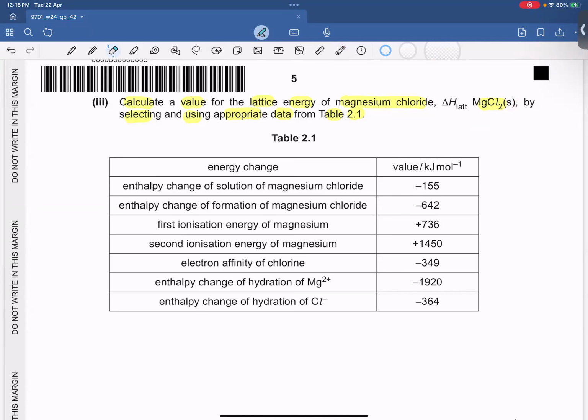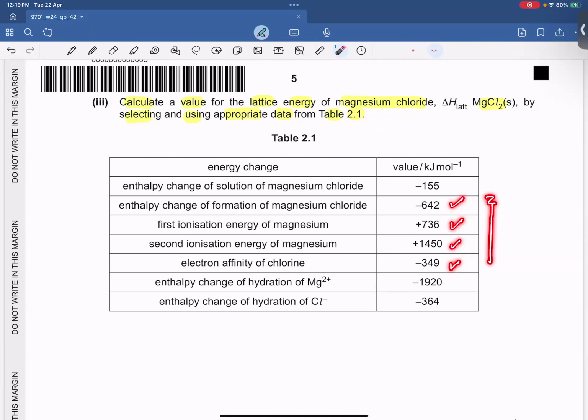The examiner has given us the first ionization energy of magnesium, the second ionization energy of magnesium, and the electron affinity of chlorine. What's missing here? Atomization of magnesium is not given. Atomization of chlorine is not given. Bond energy of chlorine is not given, which means I cannot find the bond energy value from the data booklet.